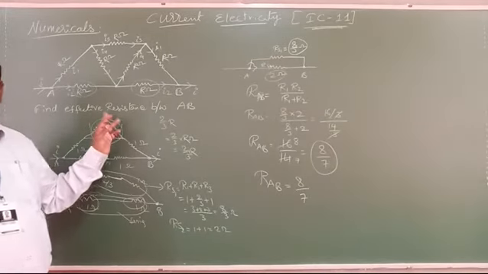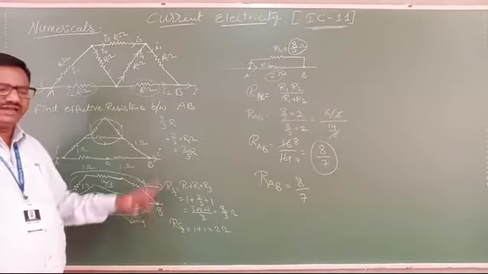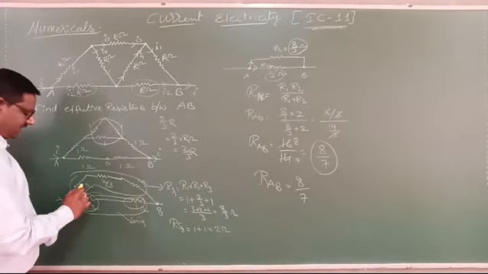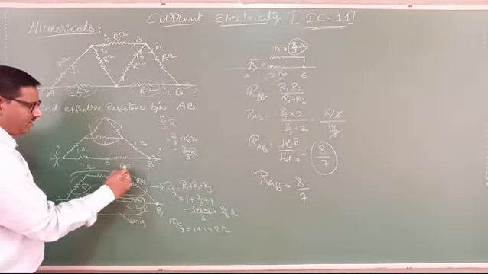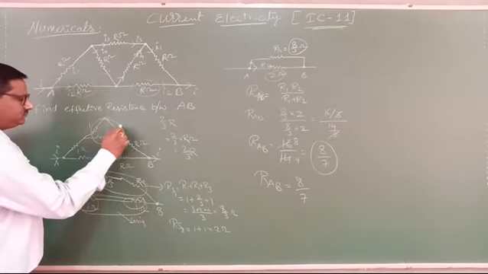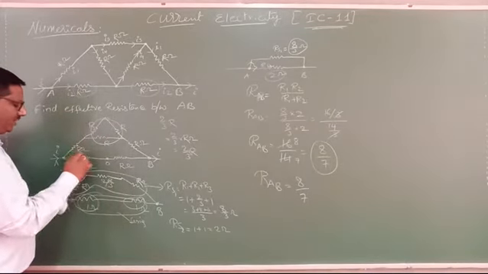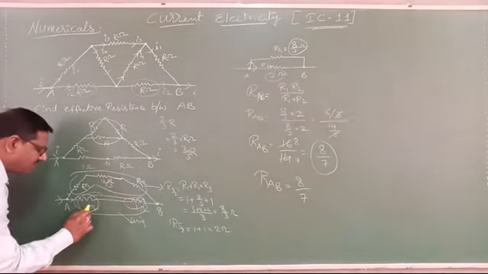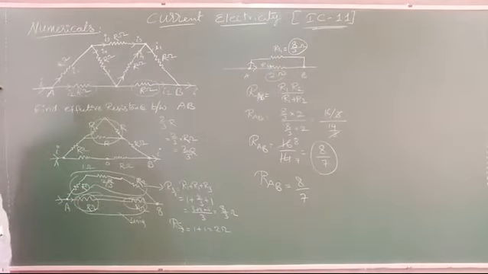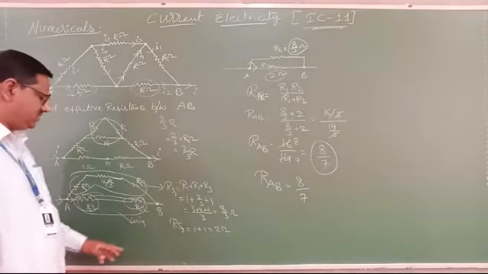Because of the shortcut, for a triangle it will be 2 by 3 R. Remember. Now these 3 are R, 2 by 3 R, here also R. I am giving one shortcut for you. If you know the subject, you can create shortcuts.